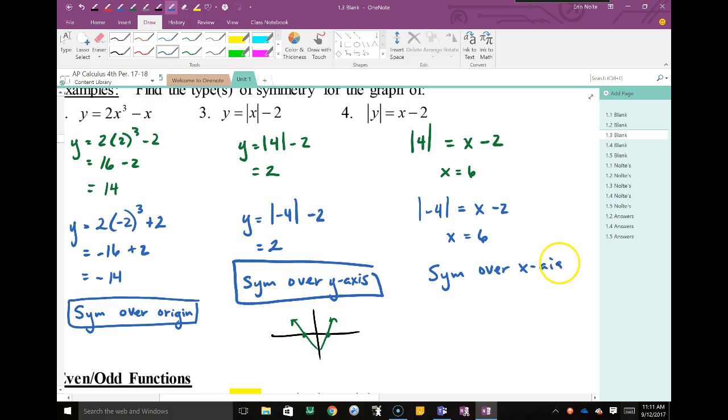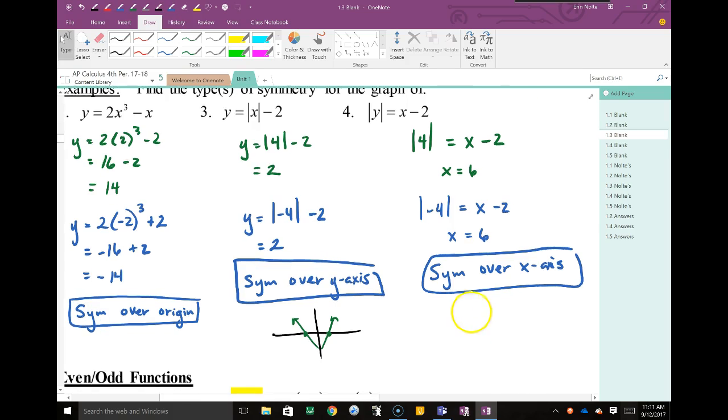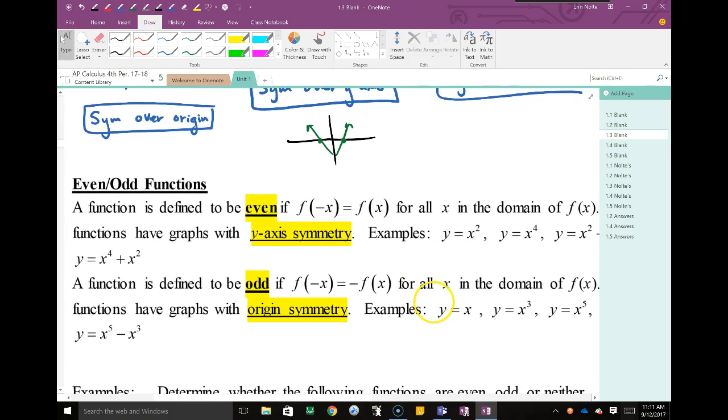Okay, so one thing just make sure that you guys get is that you don't have to test all 3. It is possible for you to have more than one kind of symmetry though. Like a circle, right? A circle would have all 3. Okay, so just know what the function looks like and then use that information to help prove your symmetry.